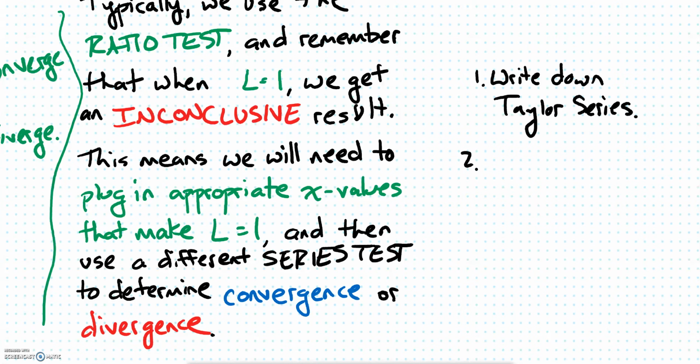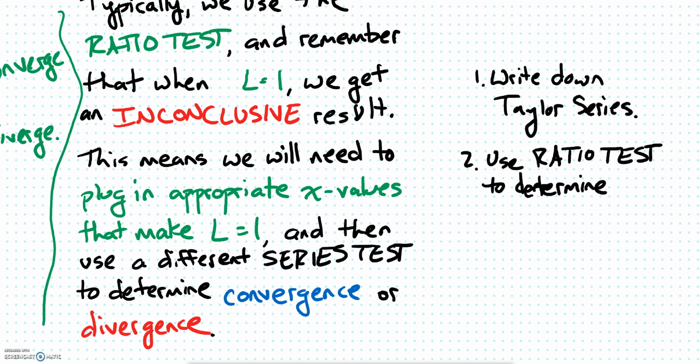Once we do that, we want to use the ratio test. And this will tell us that we get convergence to determine convergence or divergence on an interval.